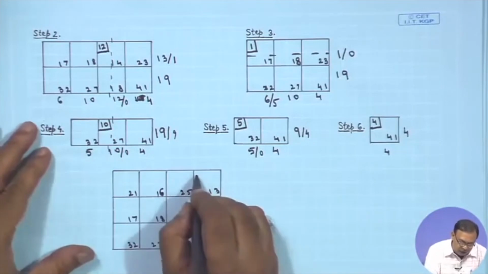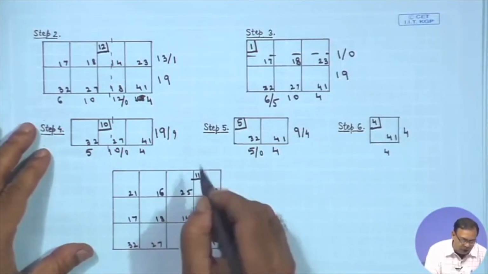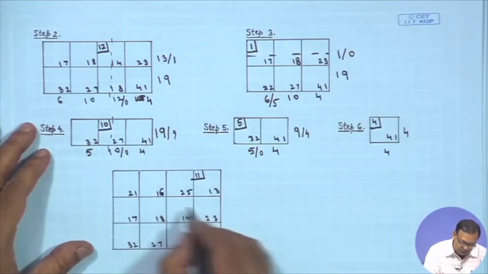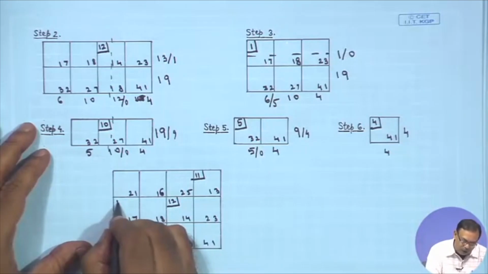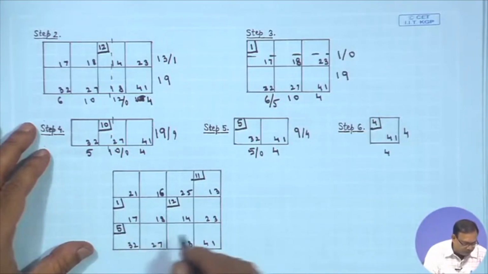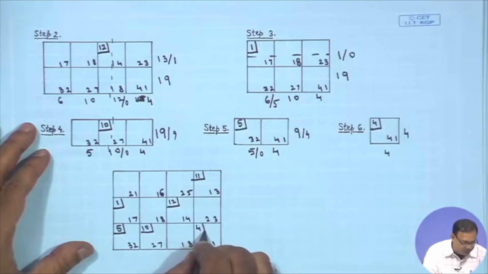So, I am writing 11 here, then I am writing from here 12 will go to this 14, after that 1 will come over here and then here it will be 5, this is 10 and this one will be 4.